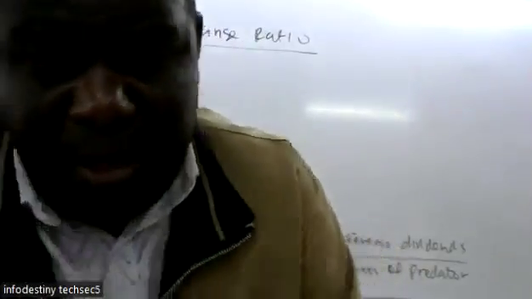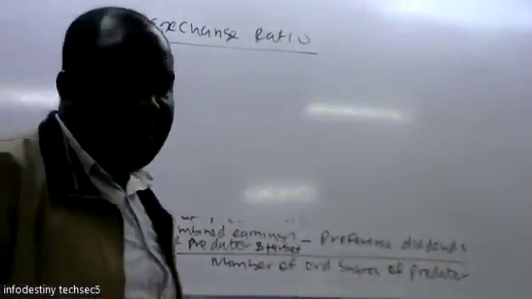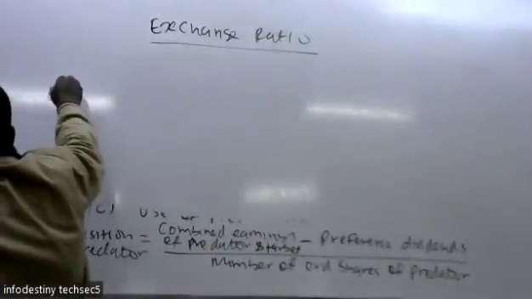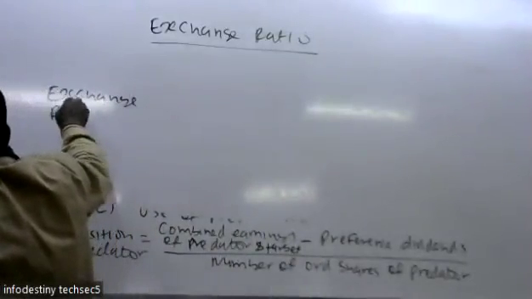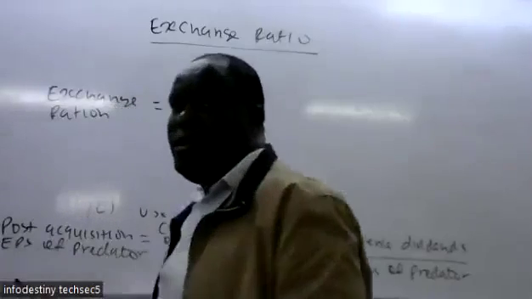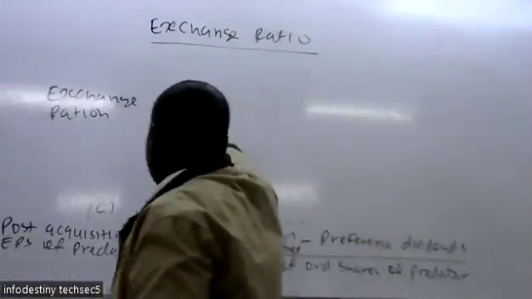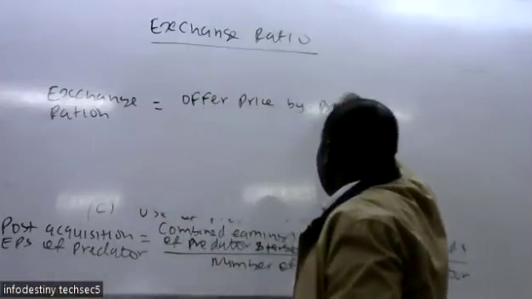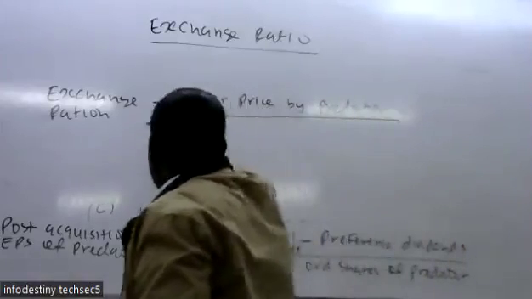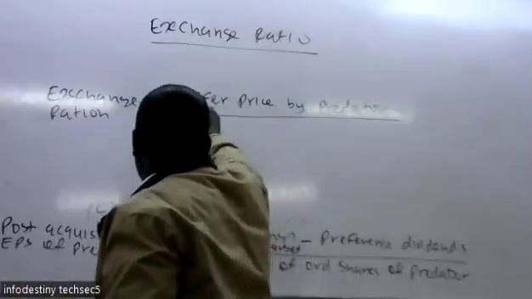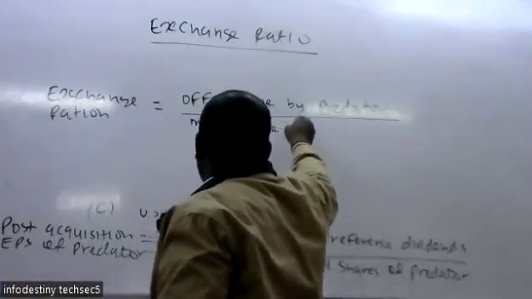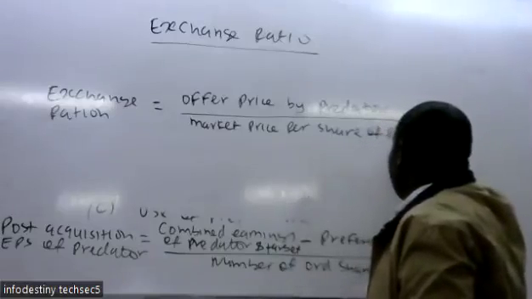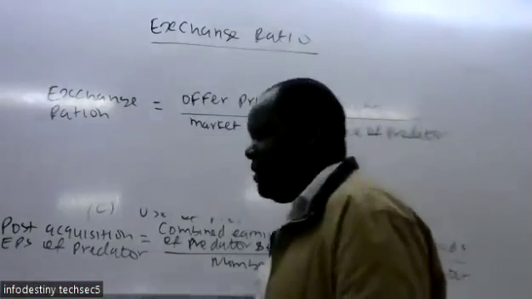It is expressed as follows. When you want to compute the exchange ratio, it is supposed to be given by the offer price by the predator, divided by the market price per share of the predator.